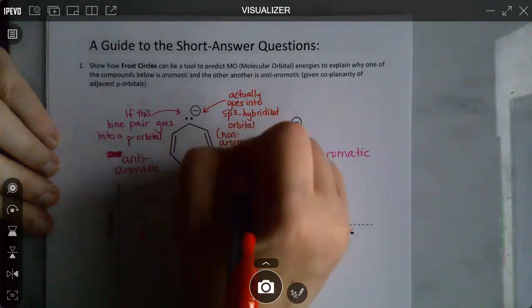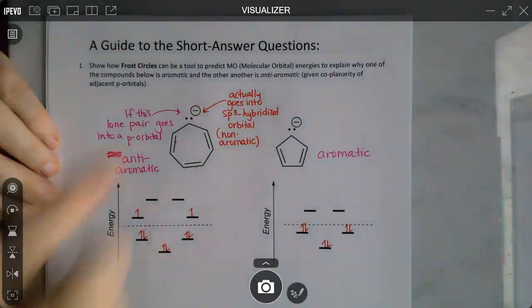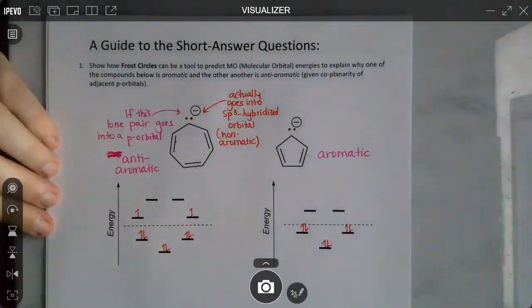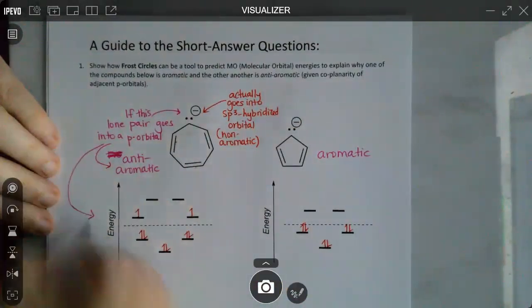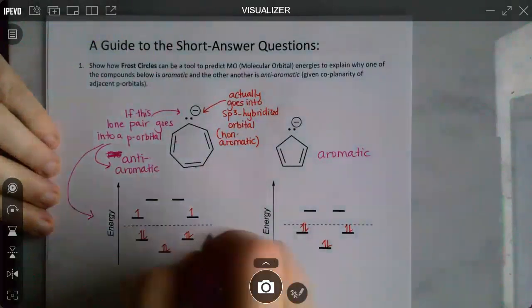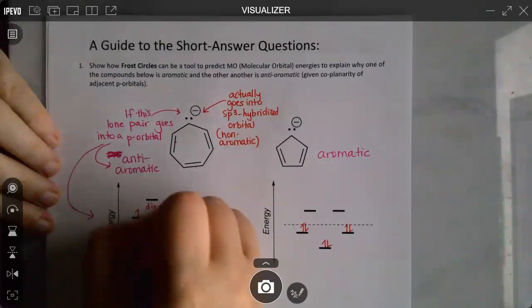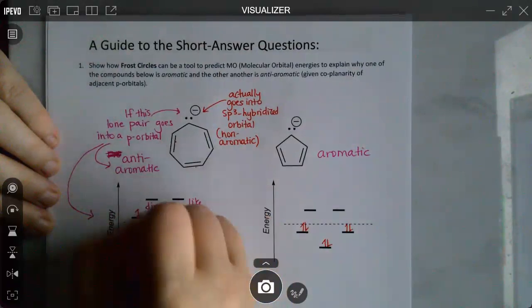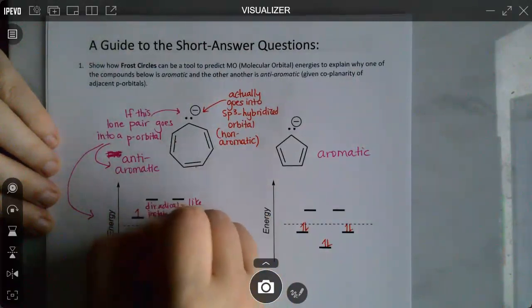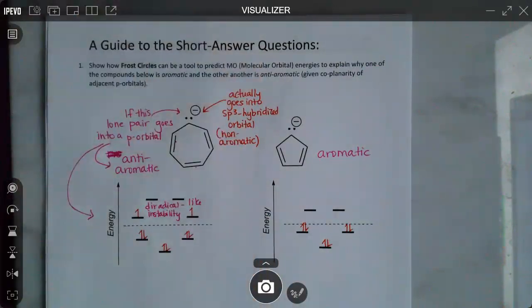However, we're just looking at what it would look like if it went into a p orbital. So if it goes into a p orbital, then it would be anti-aromatic and it would have this diradical-like instability, which is why it doesn't do that and actually becomes non-aromatic.